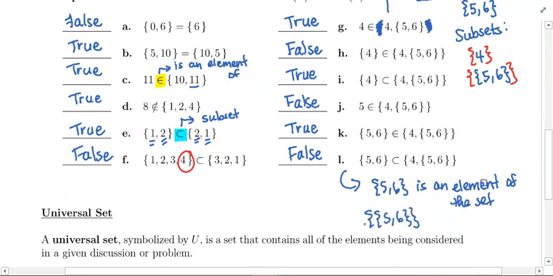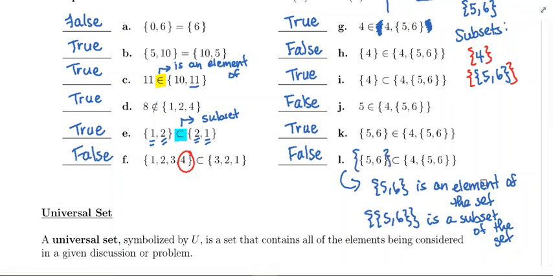So then the 5 and the 6 with the double braces, this is a subset of the set. As it's written, it's a false statement because the correct statement would be "is an element of." If you are trying to get a true statement out of this as far as subsets are concerned, this would be the true statement where you have the double braces on it. But again, as it's written, it is a false statement.